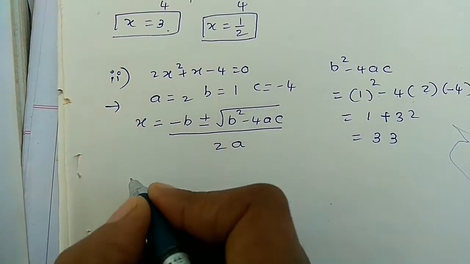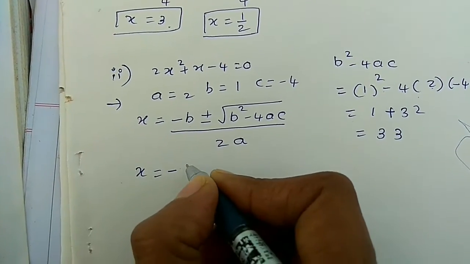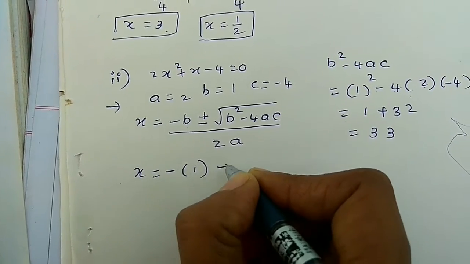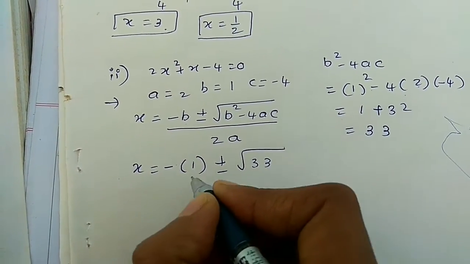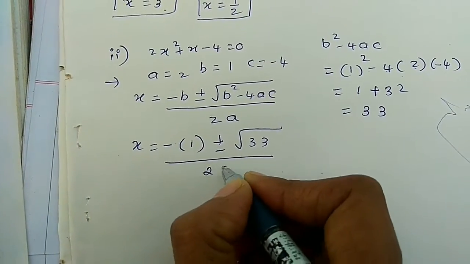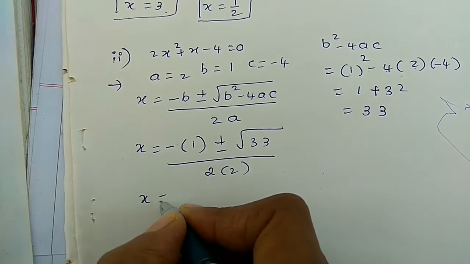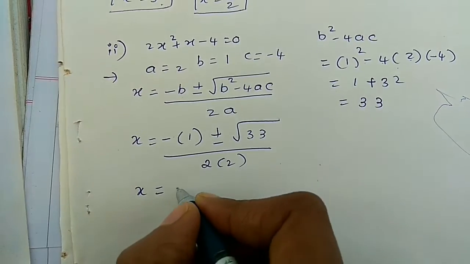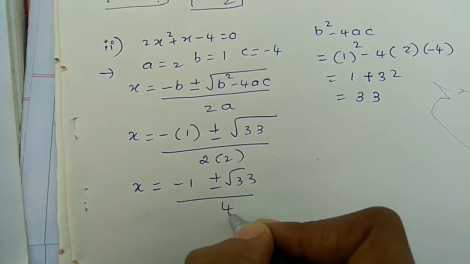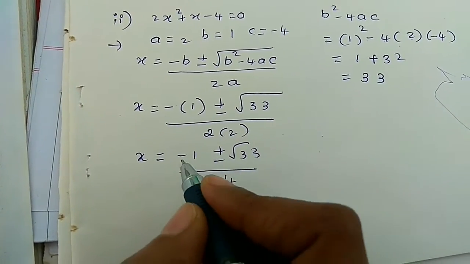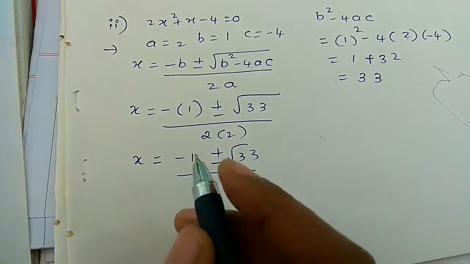Now you can put it here: x equals minus b, that is minus 1, plus or minus root of b square minus 4ac, that is 33, whole divided by 2 into a, that is 2. So x equals minus 1 plus or minus root 33, whole divided by 4. Further, you will have two roots as it is a quadratic equation.